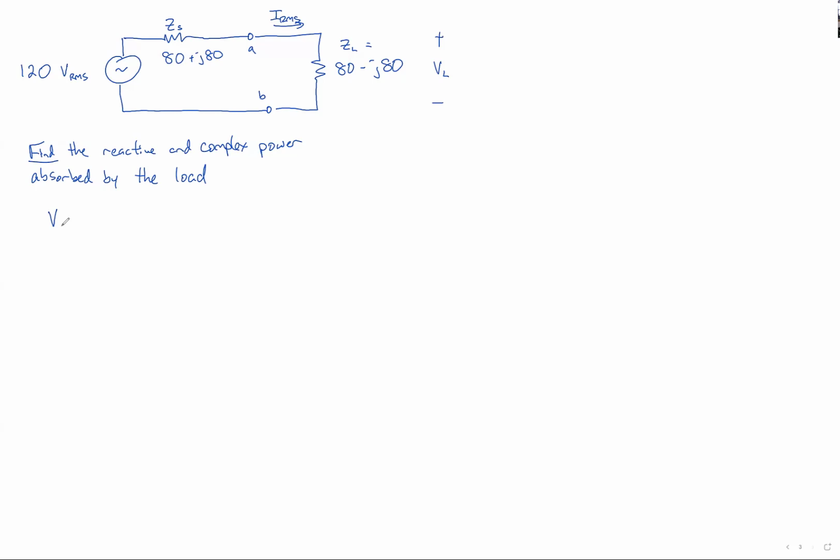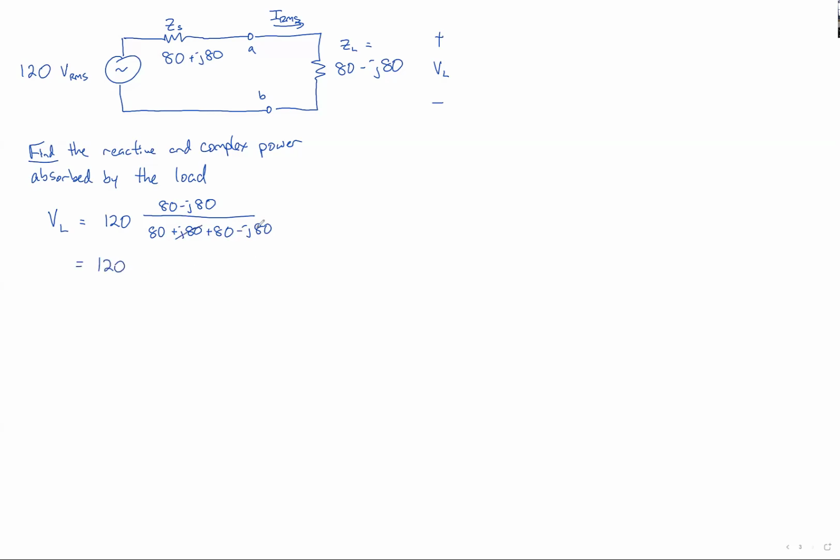So the voltage across the load is going to be, this is just a voltage divider. It's going to be 120 volts times the impedance across which we want to find over the whole impedance.